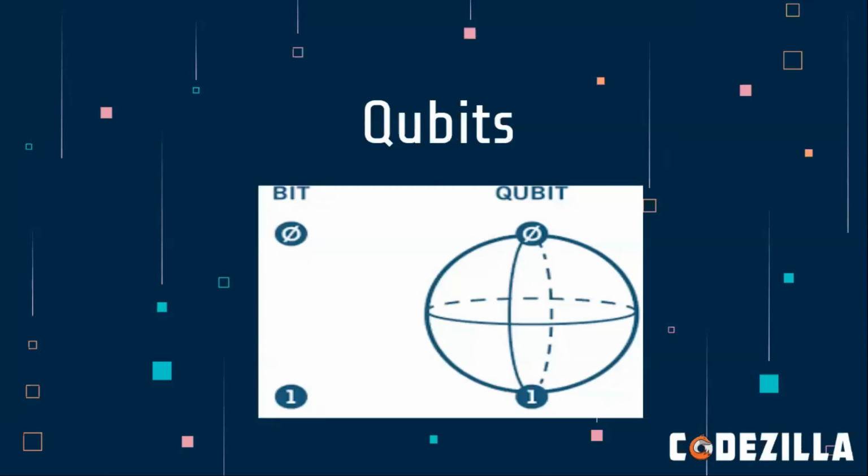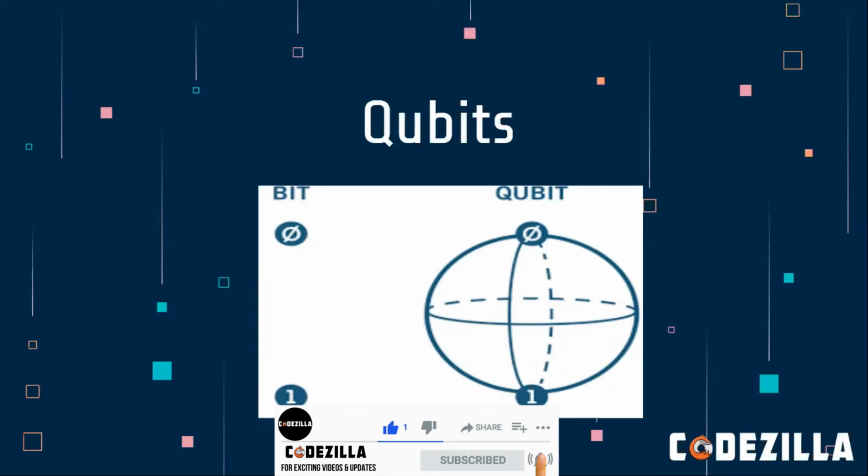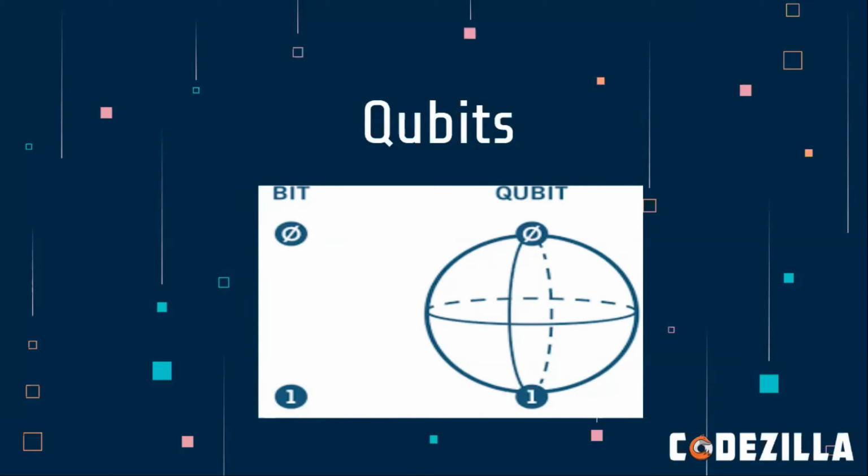Let's look a bit more closely at what a qubit is. As you can see in this picture, we can see the difference in representation between a bit and a qubit. The qubit state is a combination of the values along all three axes, that is x, y, and z. This is called a superposition. Like we saw earlier, a superposition means that the qubit can be 0, 1, or both at the same time.